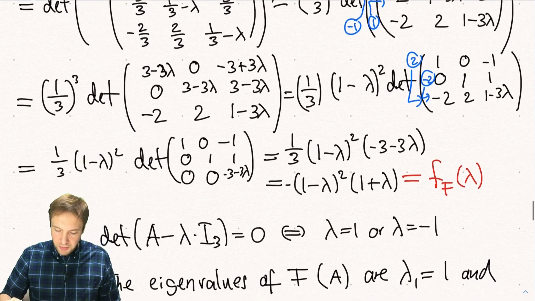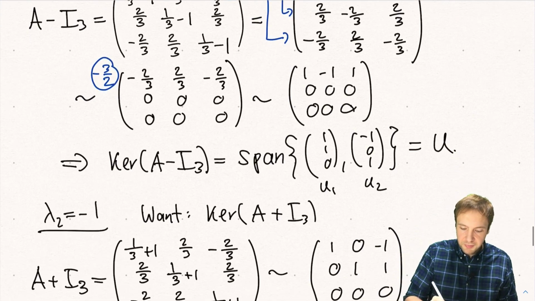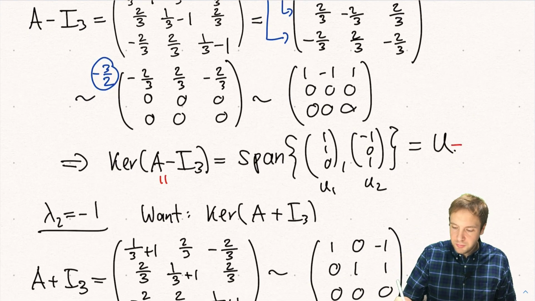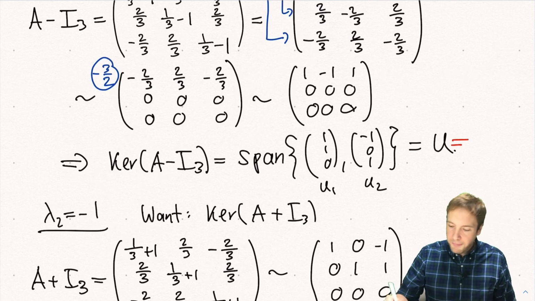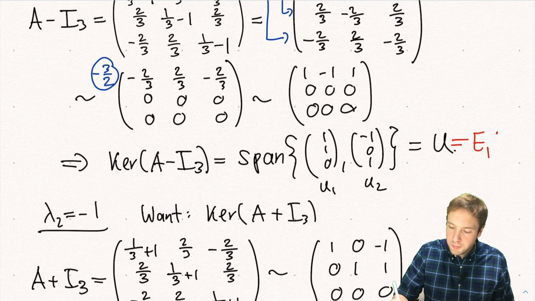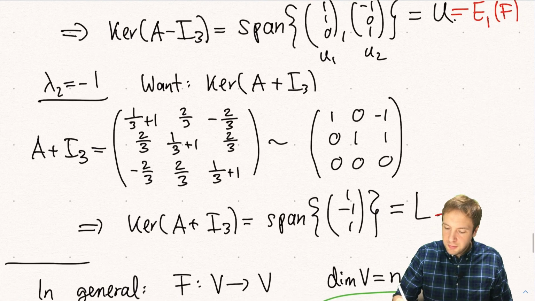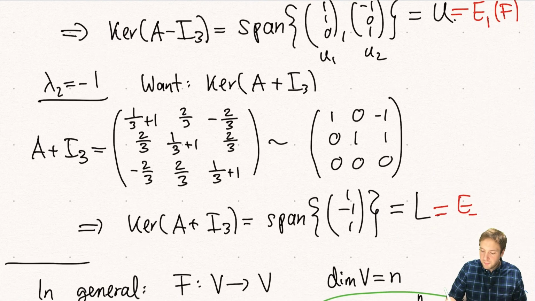Also these spaces here, in this case this U is now the eigenspace to the eigenvalue 1 of f, and this L is the eigenspace of the eigenvalue minus 1 of f.